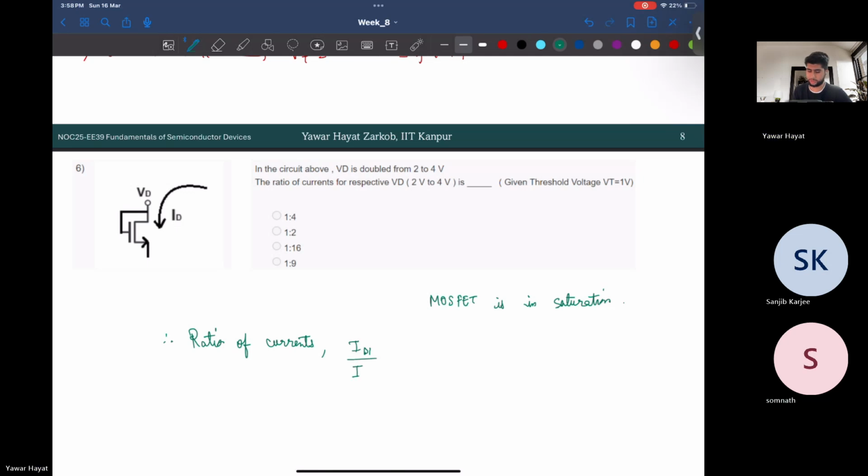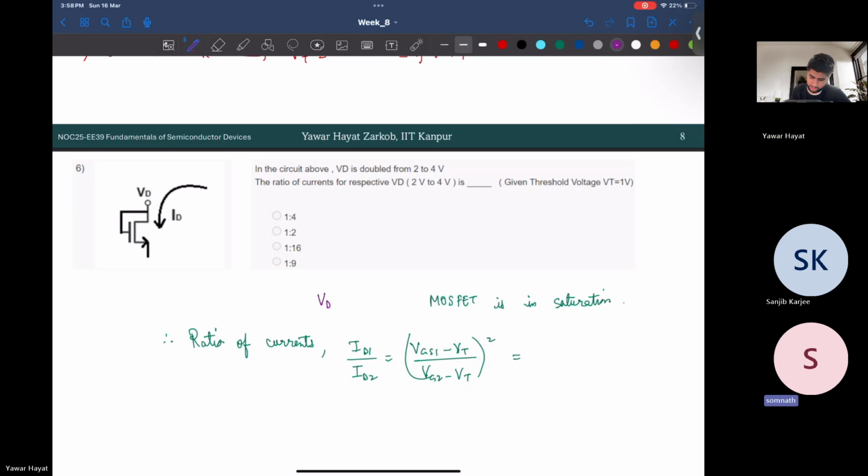ID1 to ID2, roughly, is (VGS1 minus VT) over (VGS2 minus VT), whole square. This would be where VGS is equal to VDS.